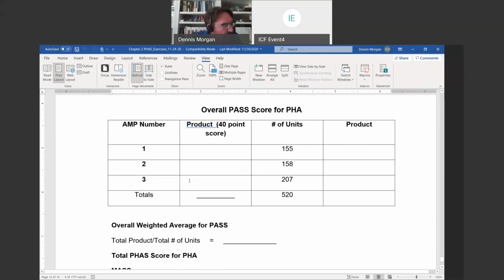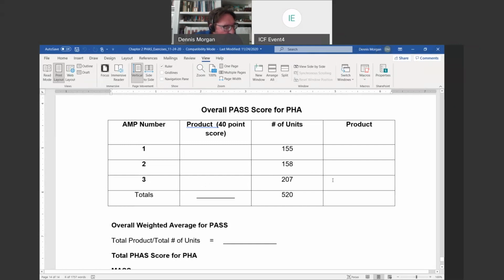AMP number 2 scored 34.8, times 158 units, which gives me a product of 5,498.4. AMP number 3 scored 32.8 times 204 units, so that gives me 6,789.6.